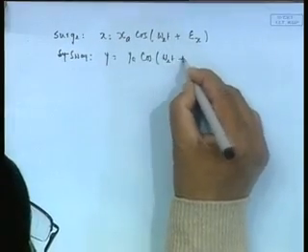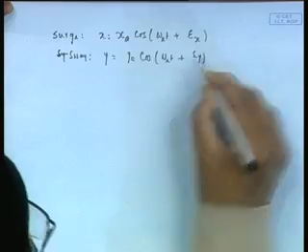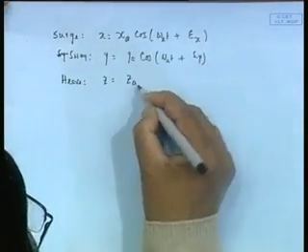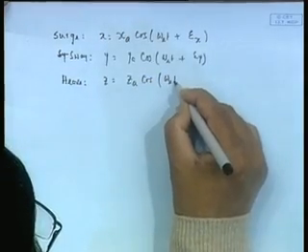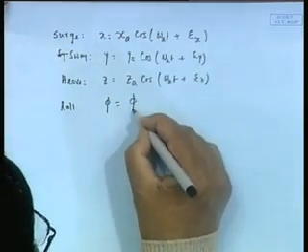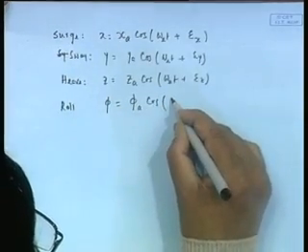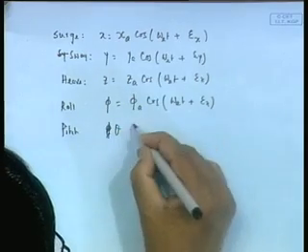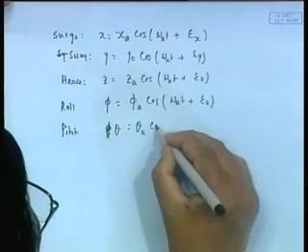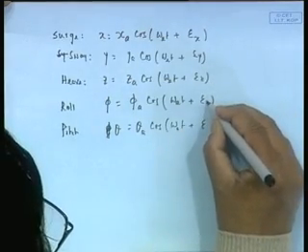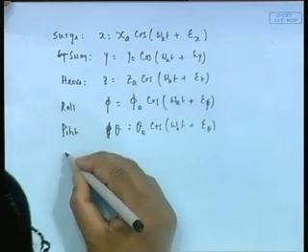Heave, and roll is normally called phi, pitch theta.